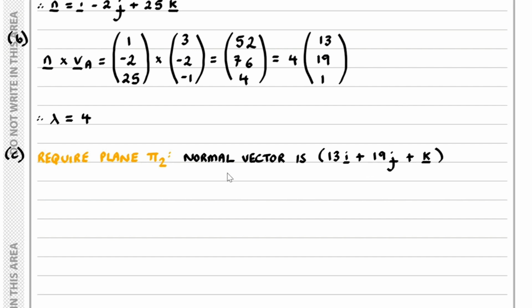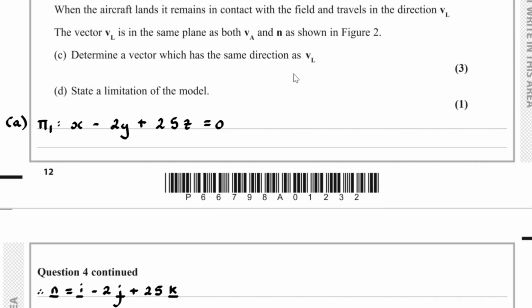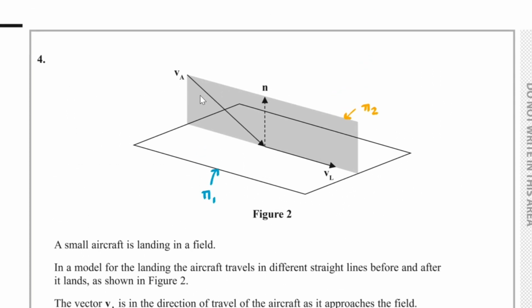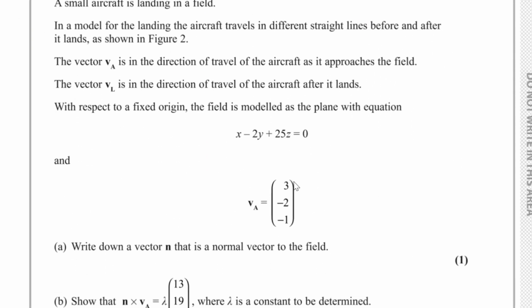So therefore, for us to find out what the equation of the plane is, we have r dot (13, 19, 1), and this is equal to some position vector on the plane, which is VA, and we already know what that is.